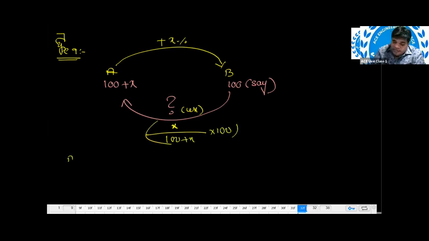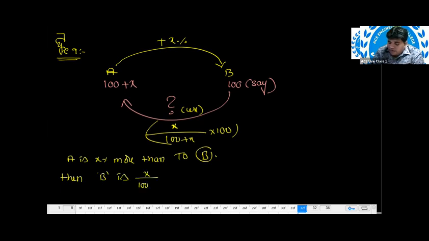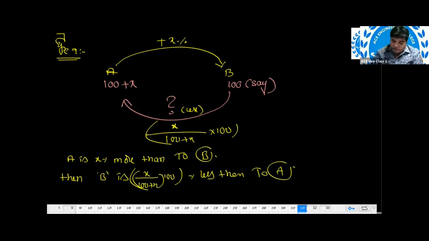A is X percentage more than B, then B is X by (100 plus X) into 100 percentage less than A. This is statement wise.